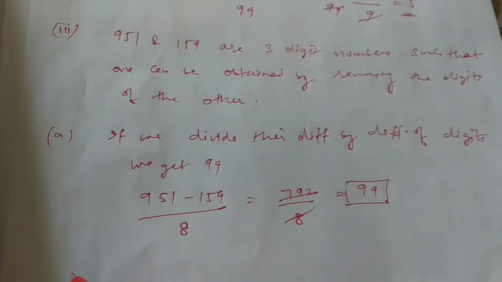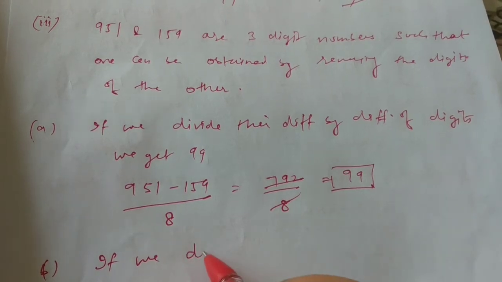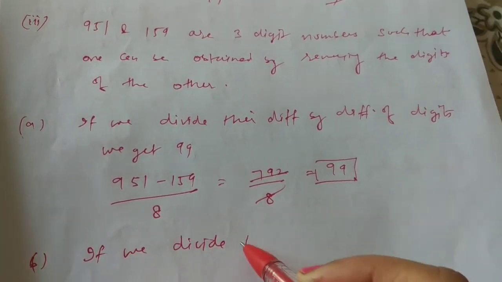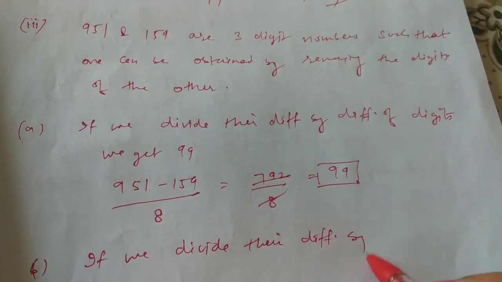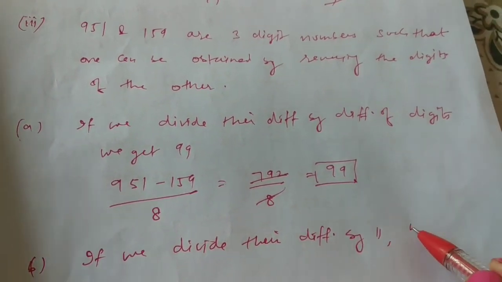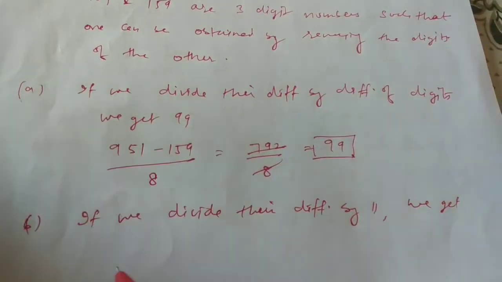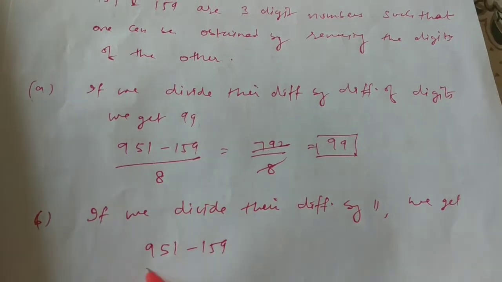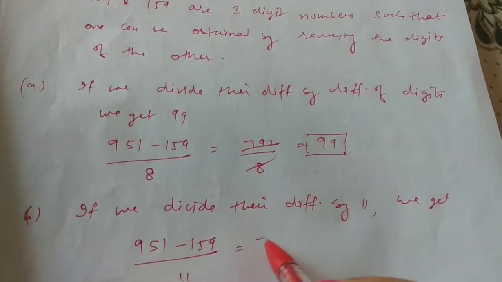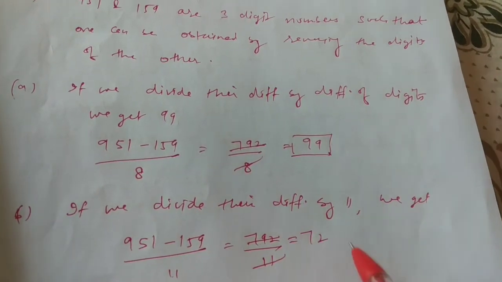So in B part, if we divide their difference by 11, what would we get? 951 minus 159 by 11. So 792 by 11, we would get 72.